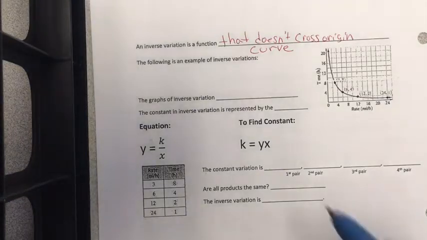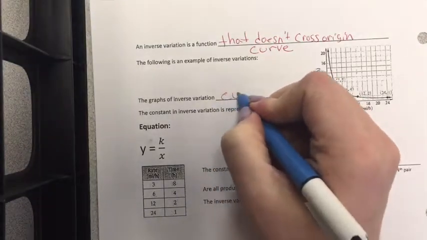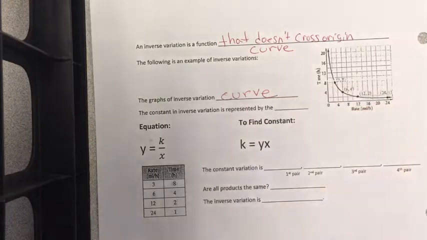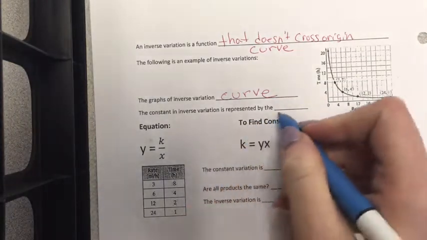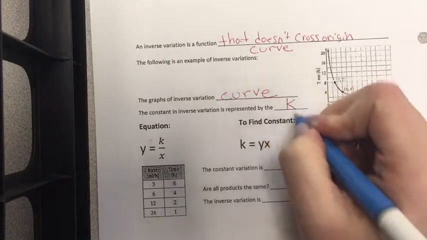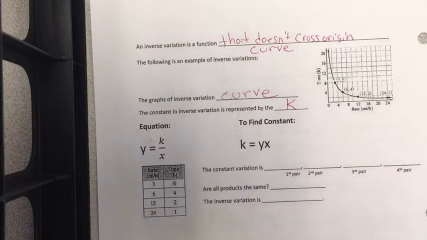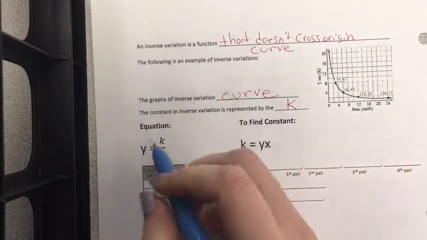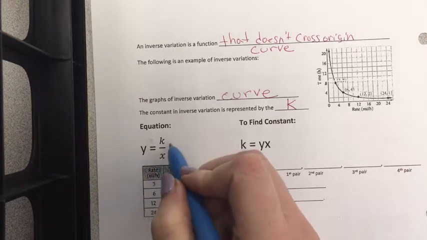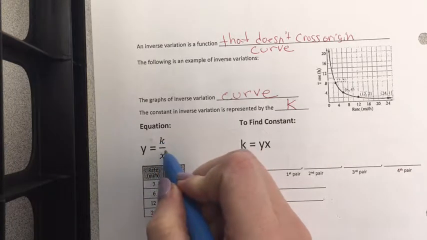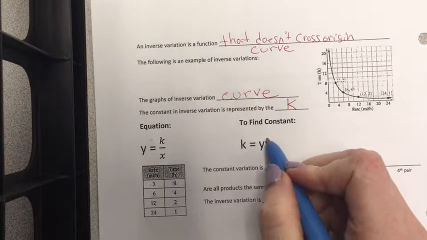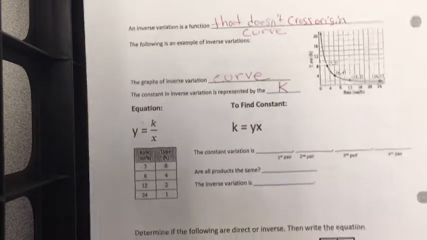So the graphs of inverse variation curve. And the constant in inverse variation is also represented by the k, just like in direct variation. So our equations and constants just look a little bit different. So my equation looks like the number on top of x as a fraction, and to find the constant, we multiply our x and y together.